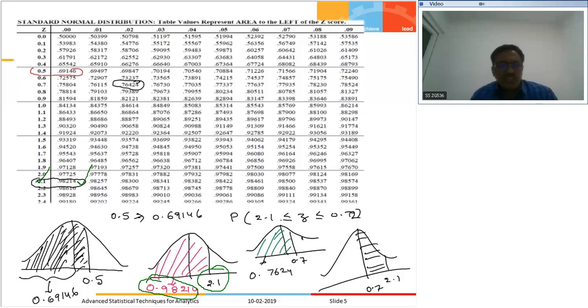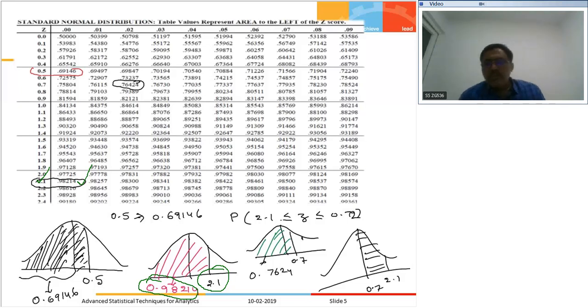Then if you see in reverse, 0.98214 is the probability, and the corresponding Z value is 2.1. In the previous case, whenever Z was given we tried to find the probability. Now in this case, when the probabilities are given we have to find the Z values. I hope that is clear.